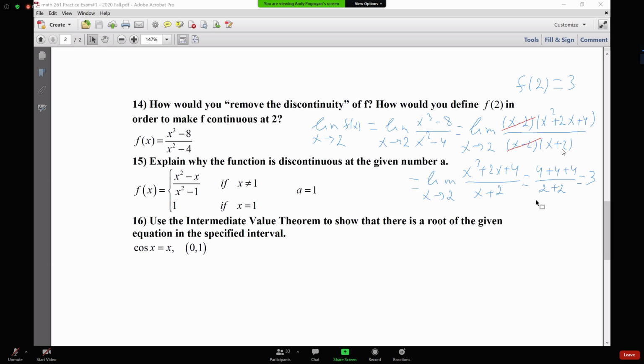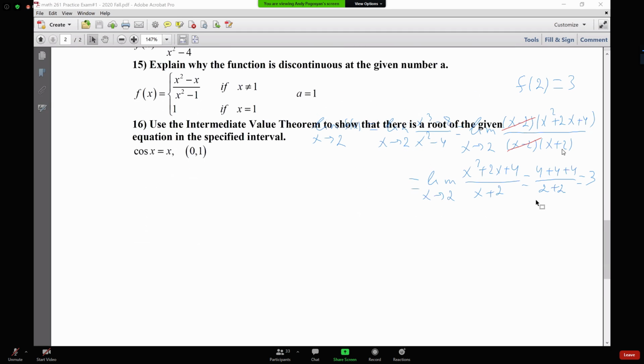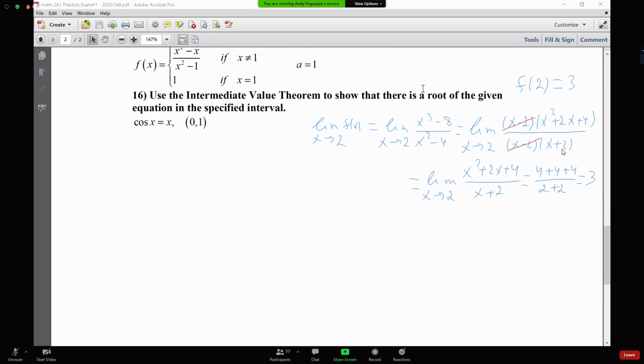Now, intermediate value theorem. Use the intermediate value theorem to show that there is a root of the given equation in the specified interval. So we have a space here, so I can do it here.